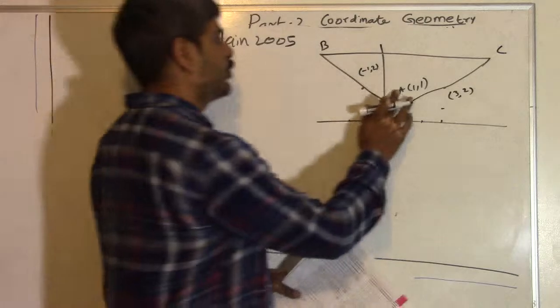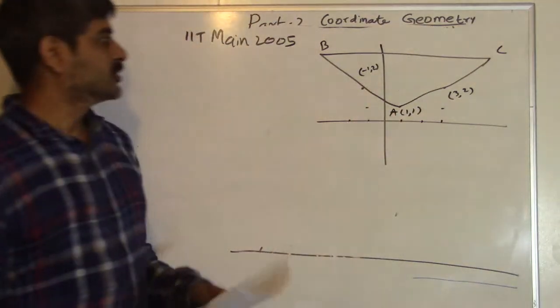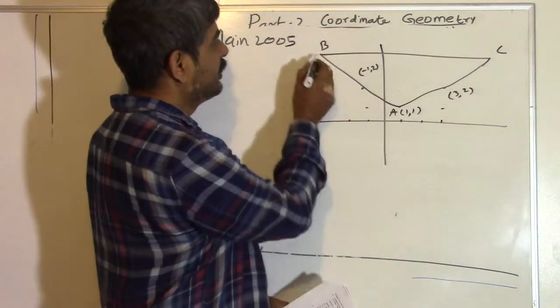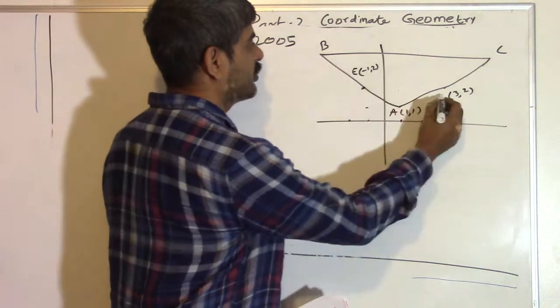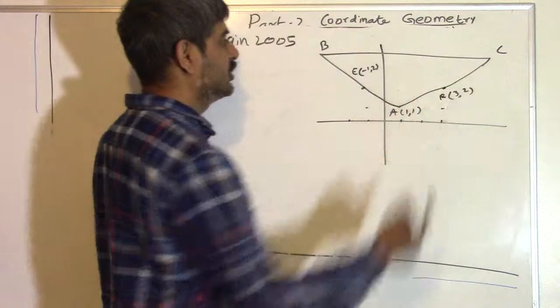So we are given this point A, which is 1, 1, and then we are given the midpoints of the sides through it, let us call them E and F. These are given: minus 1, 2, and 3, 2.